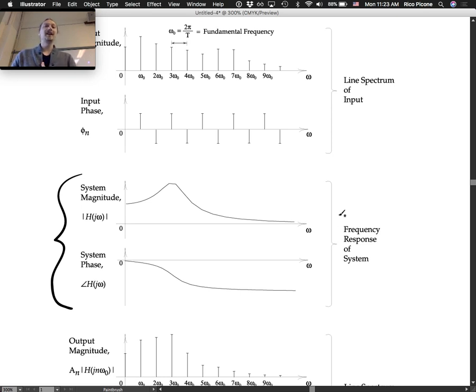So way out here at like, I don't know, 10,000 hertz or 100,000 hertz or a million hertz, if you have a frequency component in your input signal and it multiplies 0.000001, which might be the magnitude of your frequency response function out there, then in the output, that component's going to be really small. Okay?